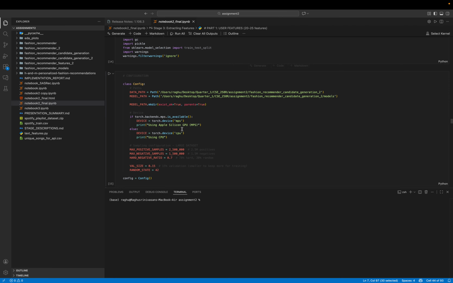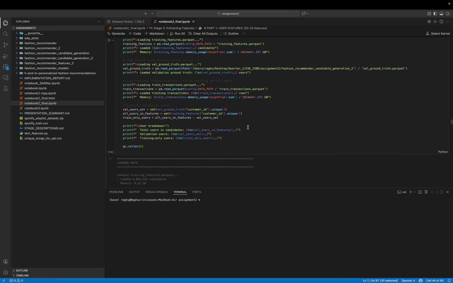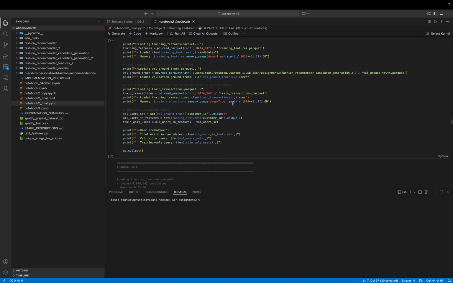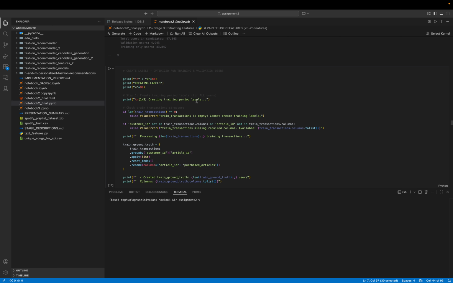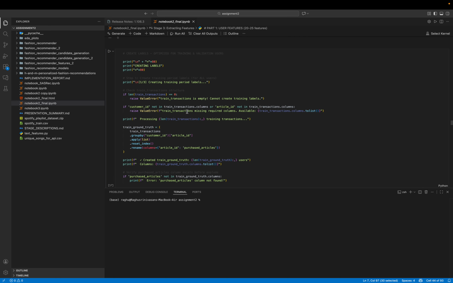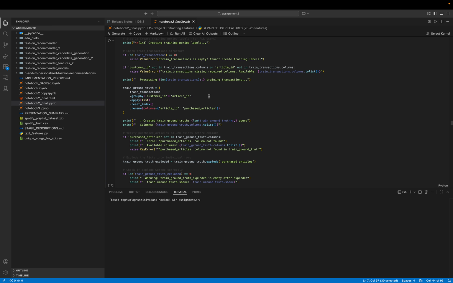Yeah, model training. So I start with defining some configs and then load the data from Parquet files, the training features, the val features. Then we start out with creating the labels. Since we have the training features, which is all the positives, and the train transactions, which contains all the transactions, we need to generate positive and negative labels.